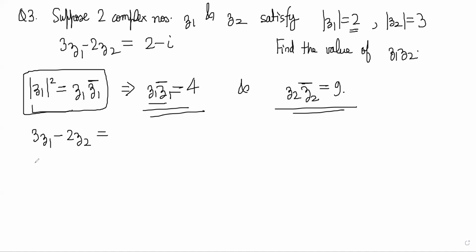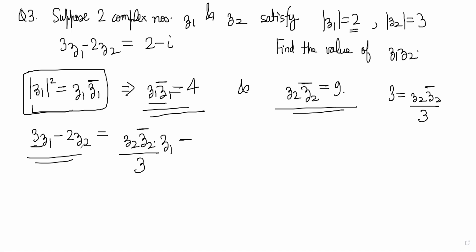So 3z1 minus 2z2 is given. We know 9 is equal to this. So 3 is equal to what? z2 conjugate by 3, right? So instead of 3, I'll write z2 conjugate by 3 multiplied by z1 minus, instead of 2, I will write z1 conjugate by 2 multiplied by z2.